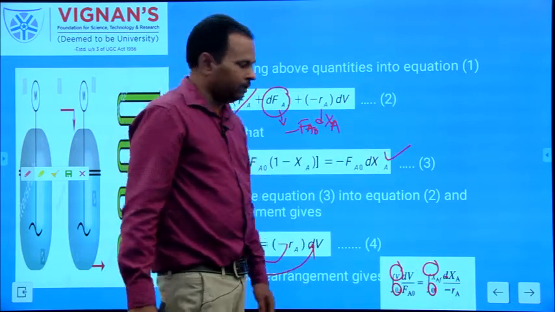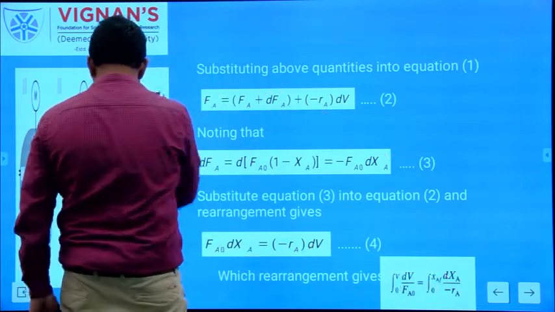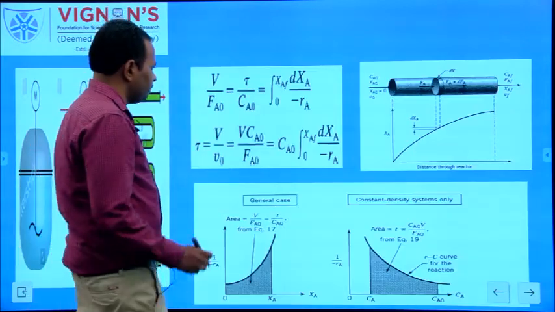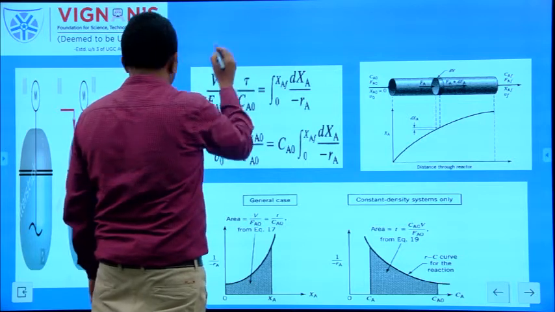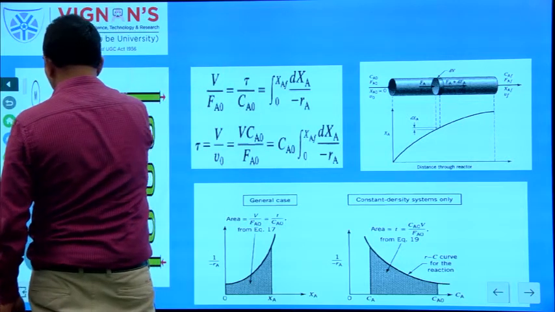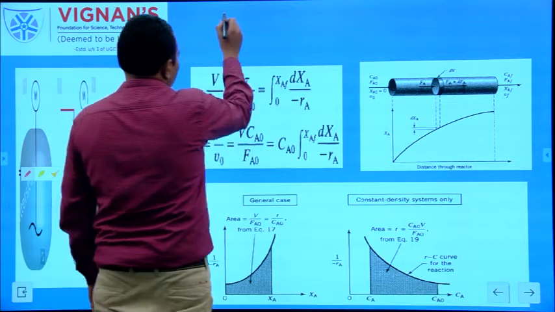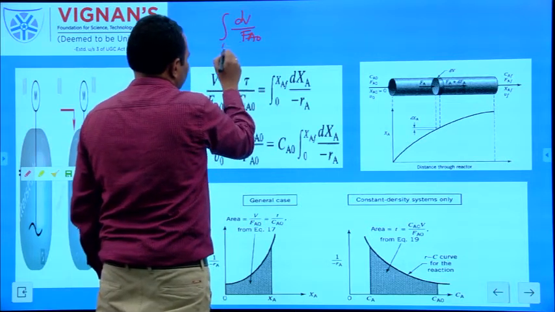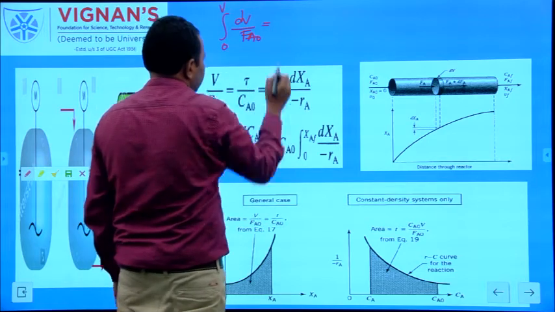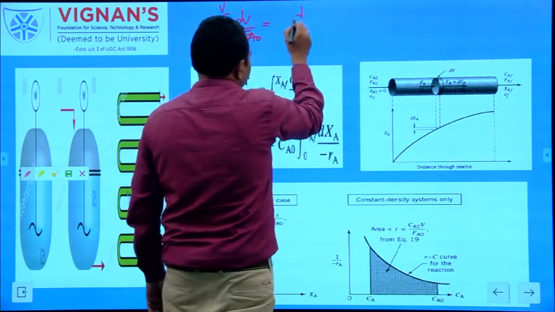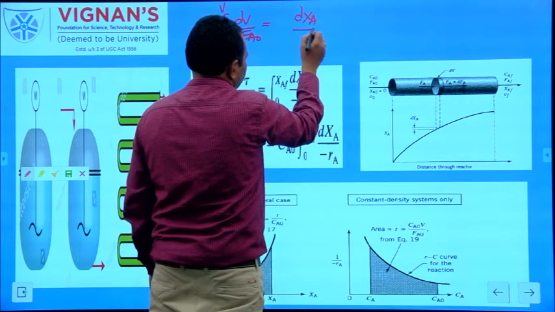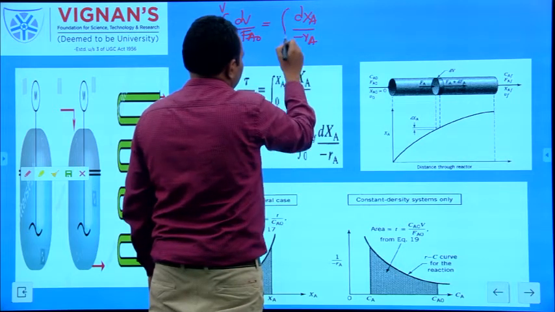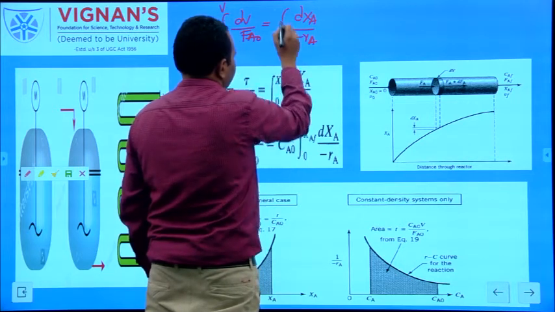This is the final equation. In the next step, integral dV by FA naught from 0 to the total volume V, on the right hand side integral dXA by minus RA, with conversion from 0 to the final conversion XAF.